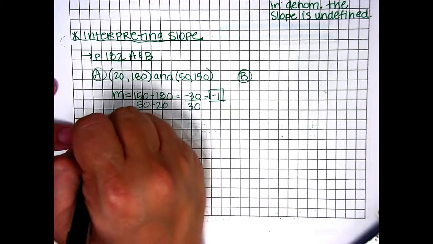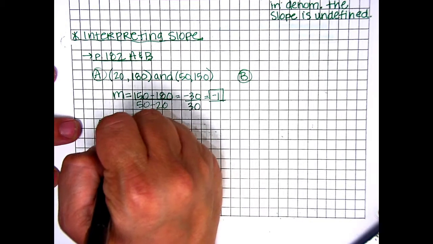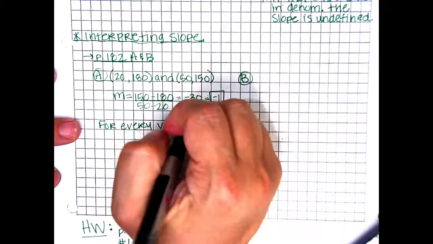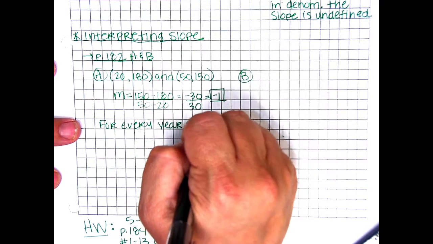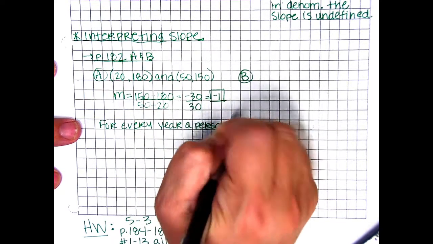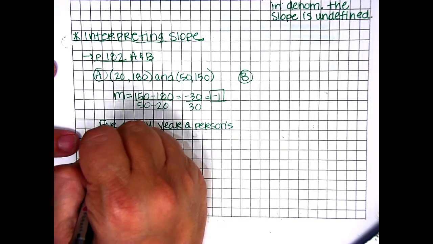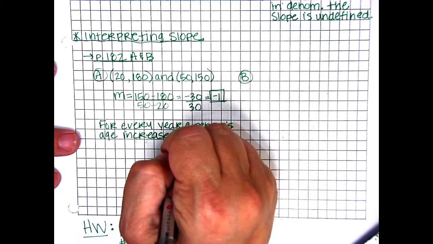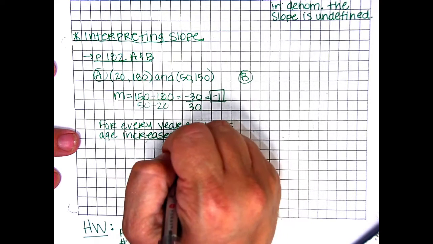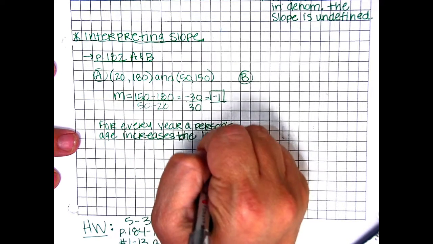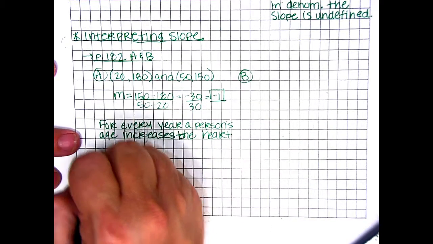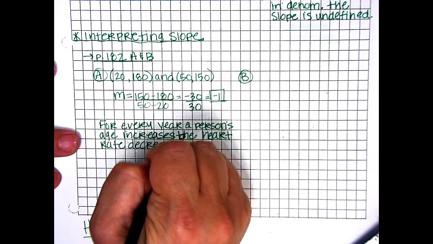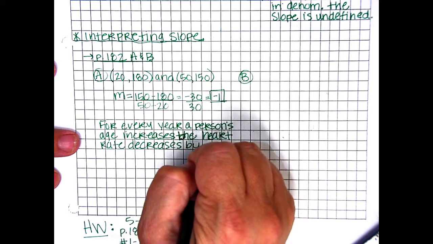So if we're going to interpret that, it would say for every year a person's age increases, the heart rate decreases by 1.